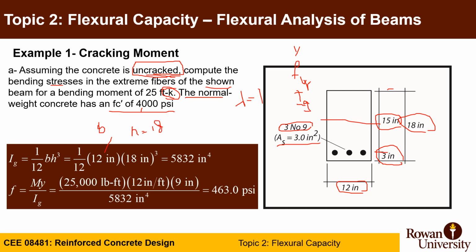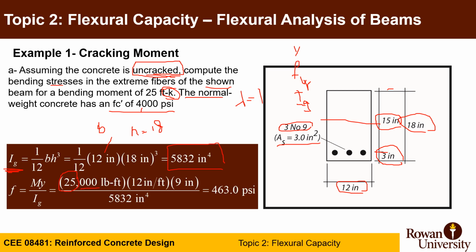So you can calculate right away the I gross or inertia of this cross section as 5,832 inches to the power 4. Using the equation for stresses, My divided by I gross, M in this case is 25 kip-foot. To convert it to pound-foot, you multiply by 1,000.